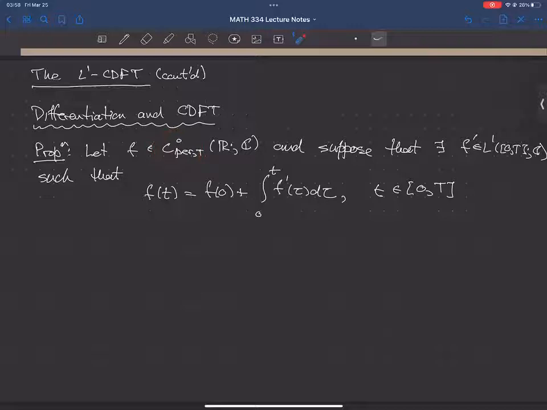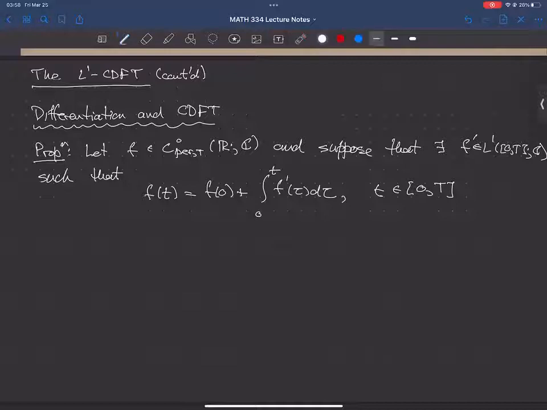And so the idea is that f may not be differentiable, but its derivative exists almost everywhere, and almost everywhere it's equal to the values of this L1 function f prime. Okay, so this is the vague version of the fundamental theorem of calculus about integrating derivatives and differentiating integrals. All right. Okay, so that's our setup.